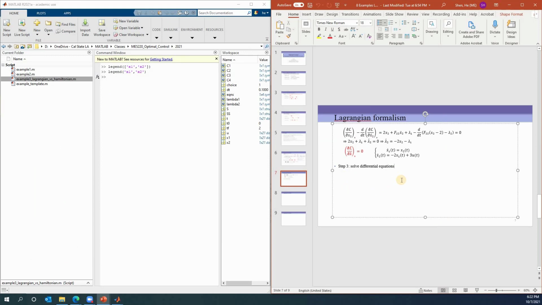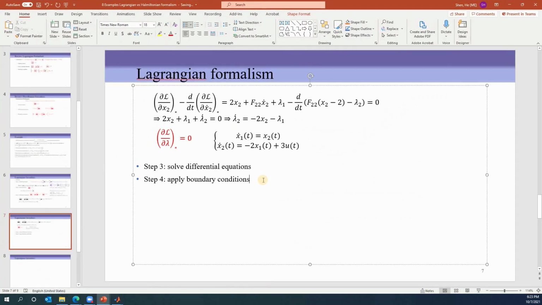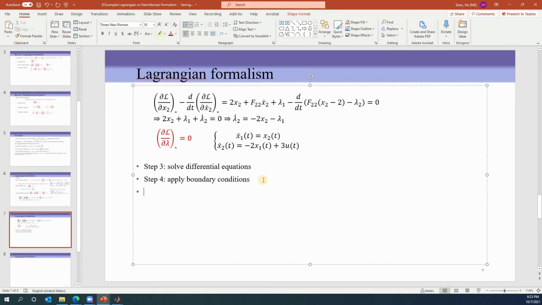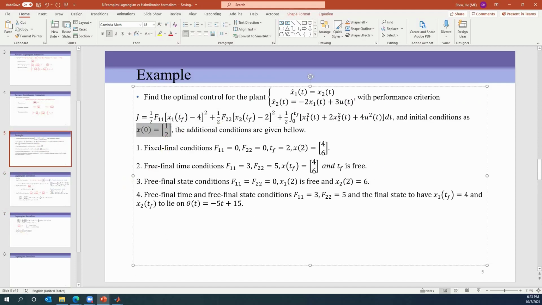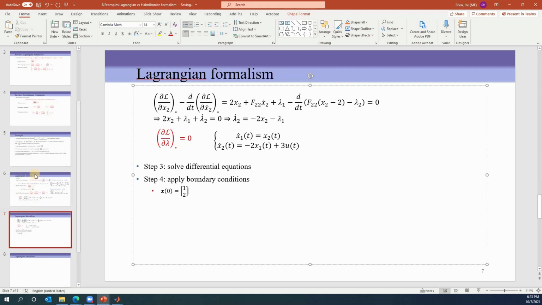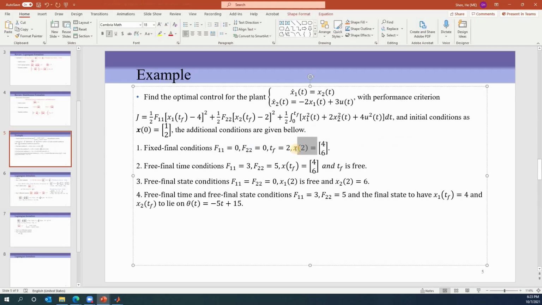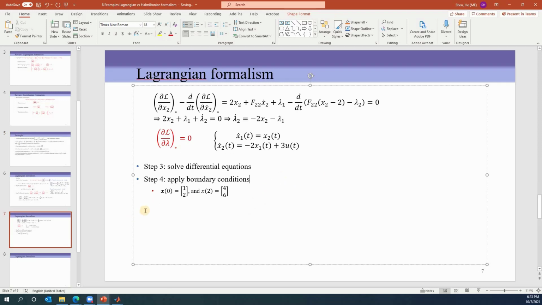So we solve the differential equations, and step 4, apply boundary conditions. The boundary conditions that we have, x0 is equal to 1, 2, and x2 is equal to 4, 6. We solved this equation.